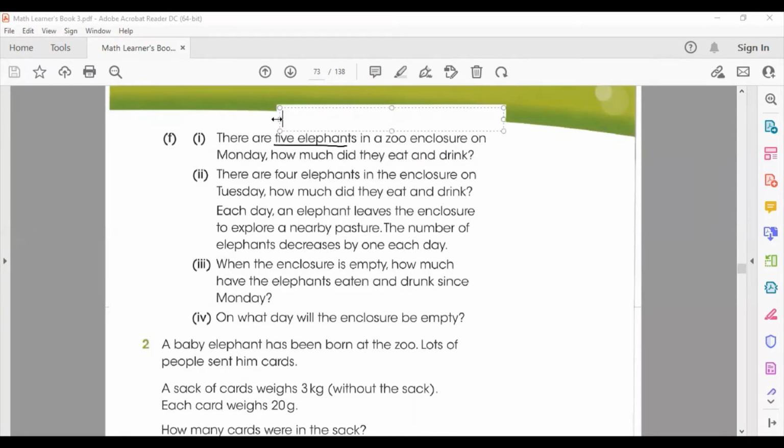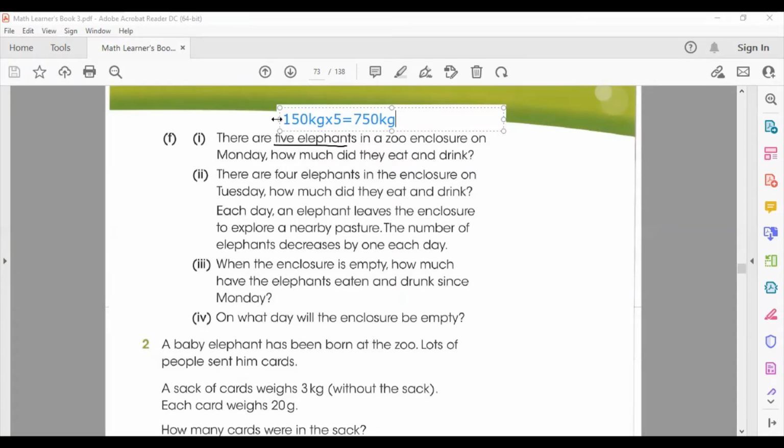We know an elephant can eat 150 kg. So multiply with 5. 150 kg multiplied by 5 is 750. So 5 elephants can eat 750 kilograms on Monday.